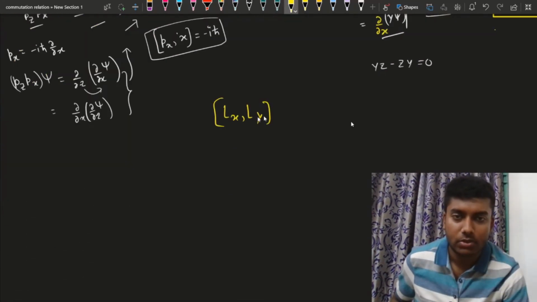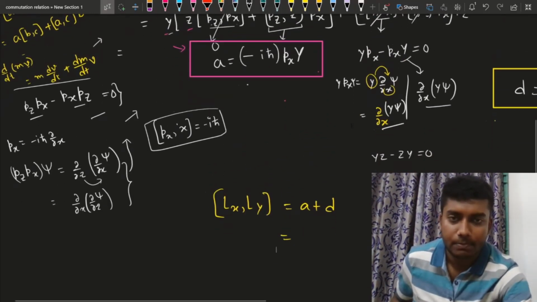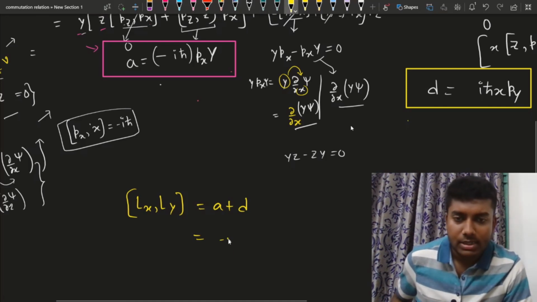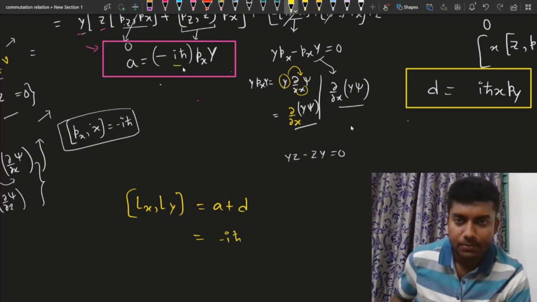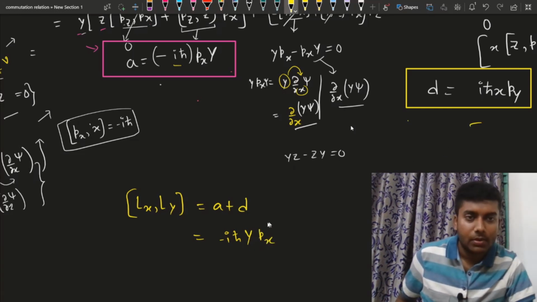So finally it equals a plus d, which is equal to minus iħ y px plus iħ x py.